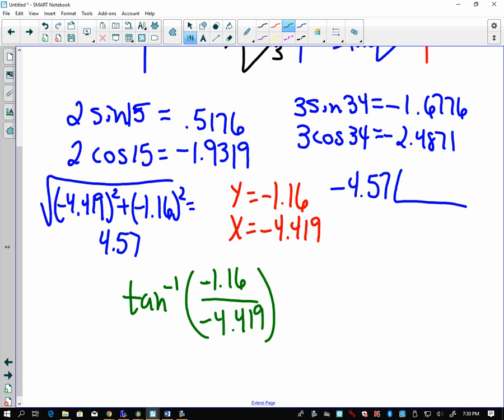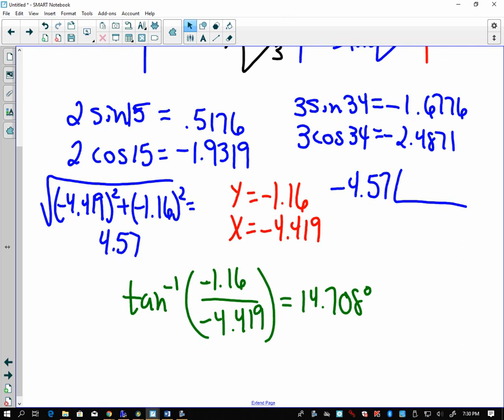Inverse tangent of negative 1.16 divided by negative 4.419 gives me 14.708 degrees.